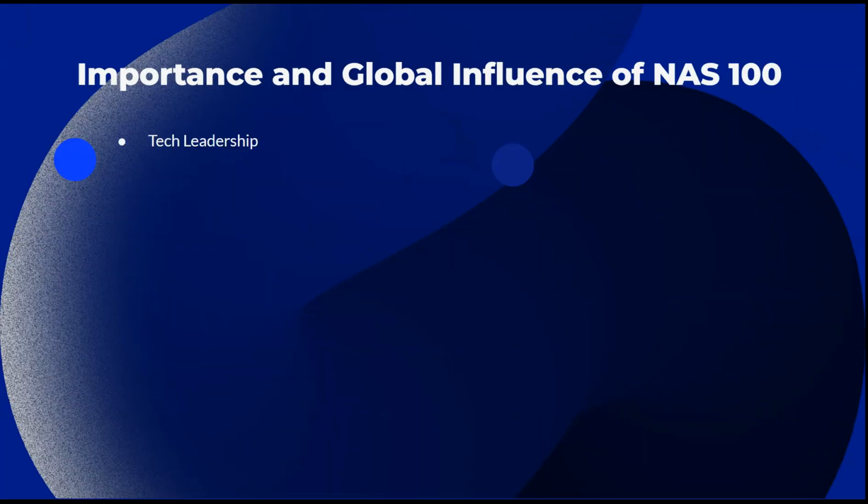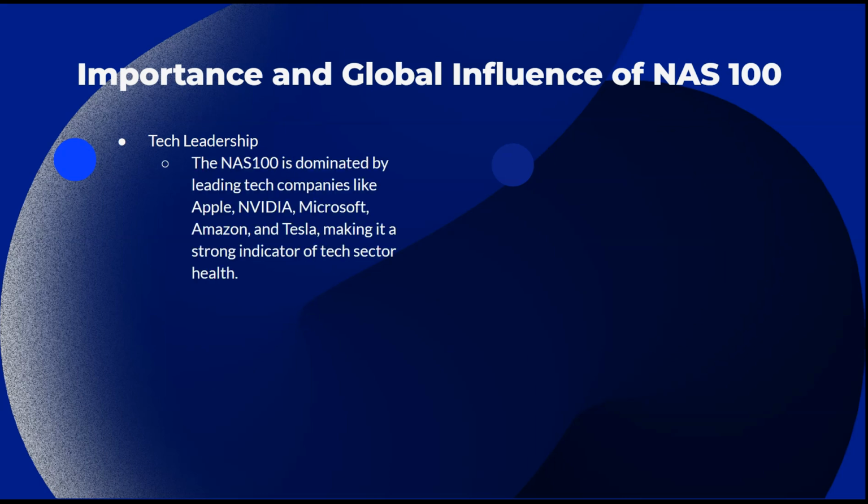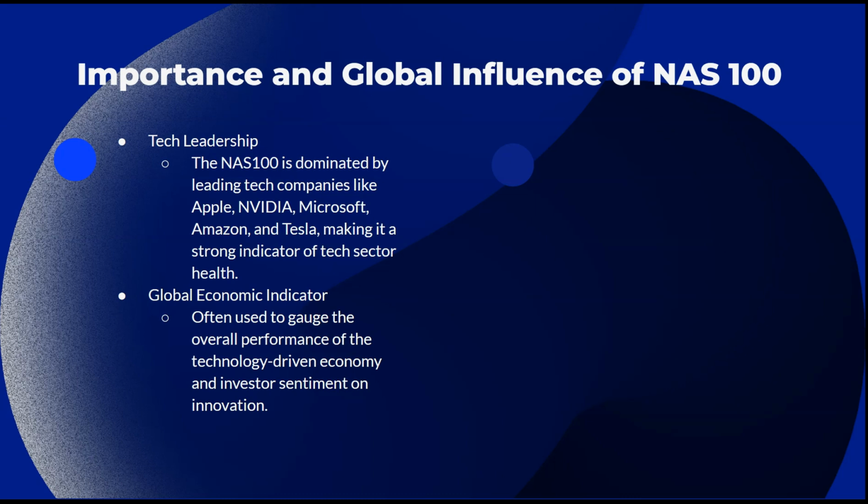Importance and global influence of the NAS100. Tech leadership. The NAS100 is dominated by leading tech companies like Apple, Nvidia, Microsoft, Amazon, and Tesla, making it a strong indicator of tech sector health. Global economic indicator, often used to gauge the overall performance of the technology-driven economy and investor sentiment on innovation.